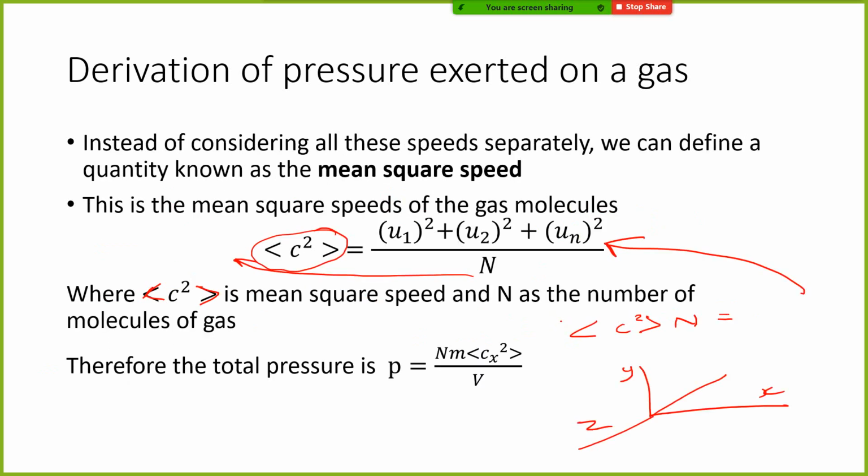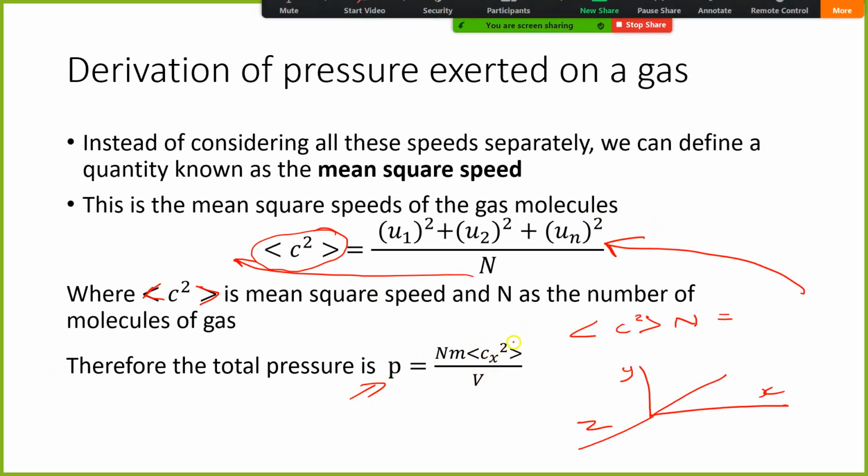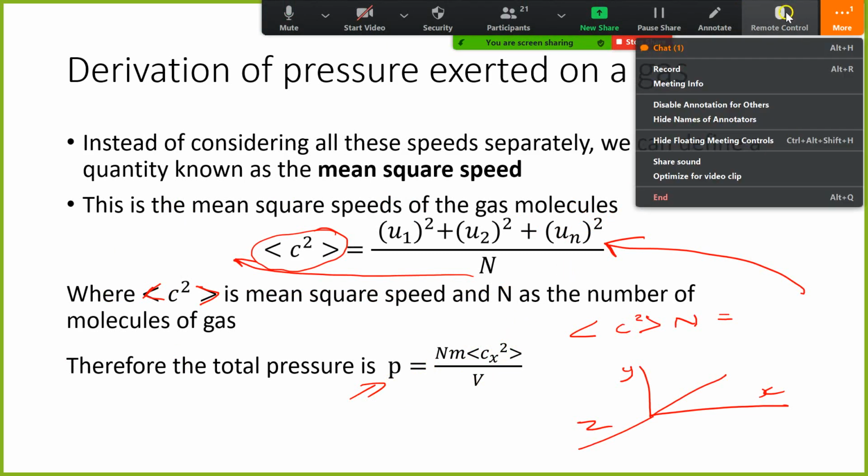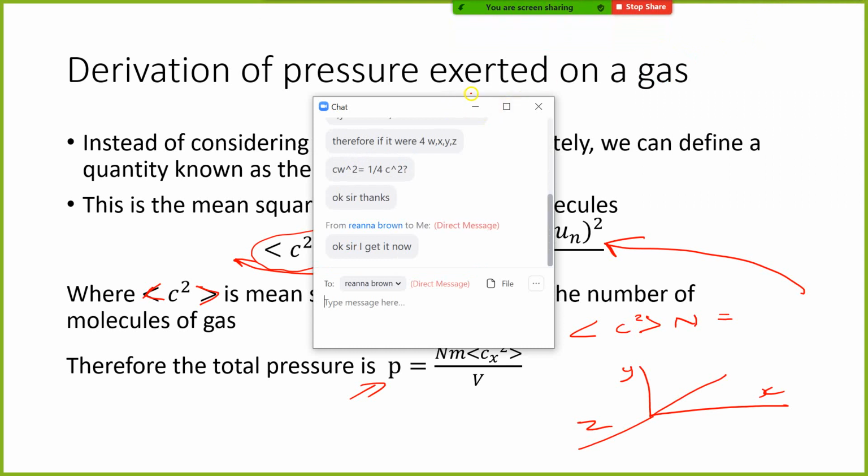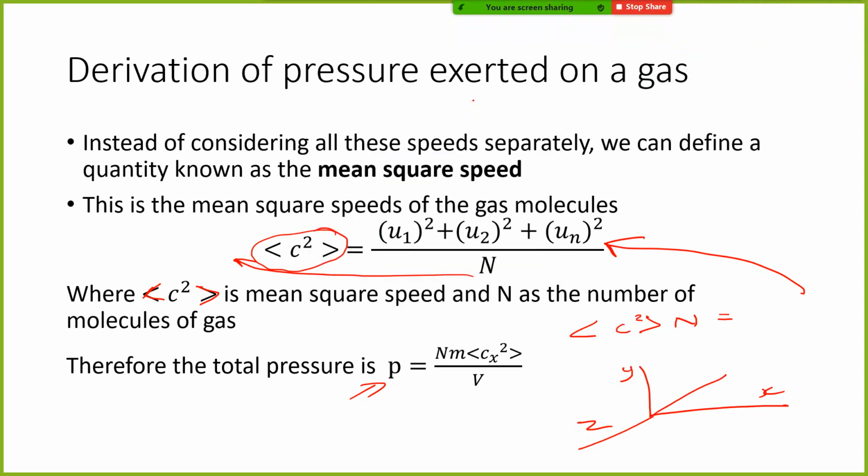If we look back around here, we were at the point where the total pressure along the x-axis is given as this. So what we're going to do now is take into consideration the total pressure, because this pressure was the pressure for the x-axis only. But now we want to consider the total pressure on all the axes.